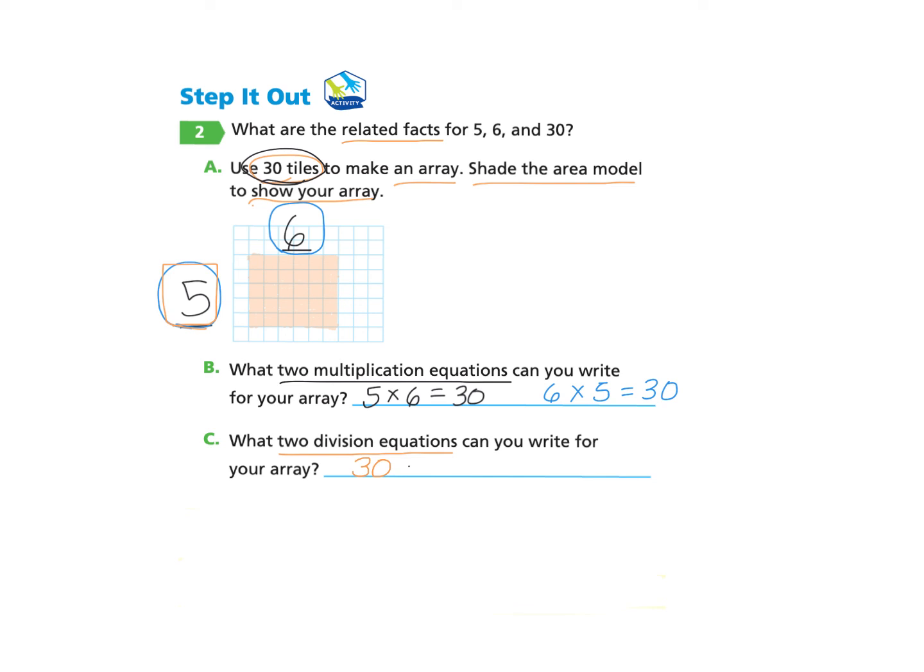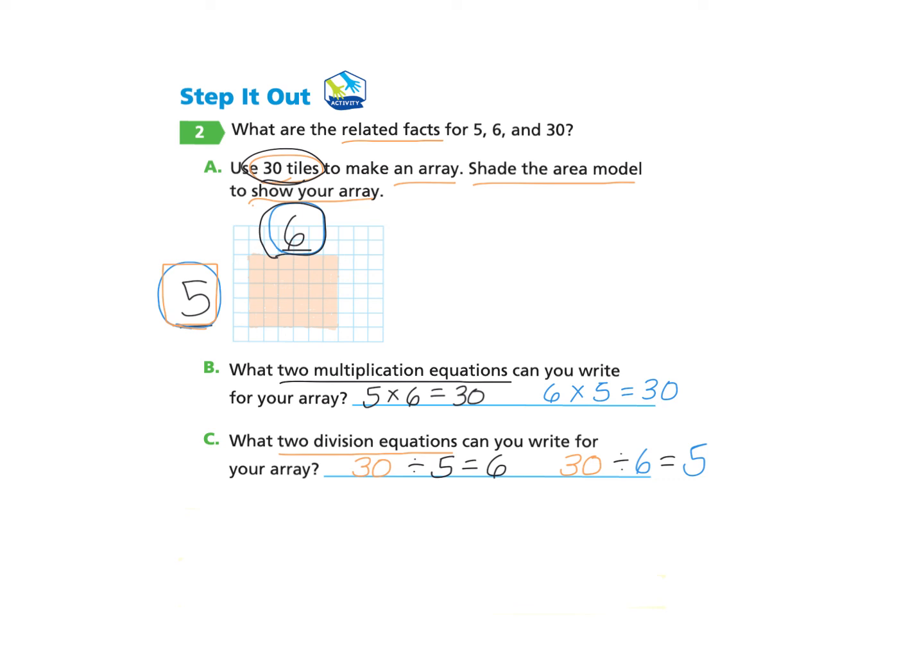So I divided those 30 into groups of 5, and when I did that, I found that there were 6 tiles in each group. That's one division equation. Another division equation is that there were 30 tiles to begin with, and then I divided them into 6 groups, and when I did that, I found that there were 5 in each group.